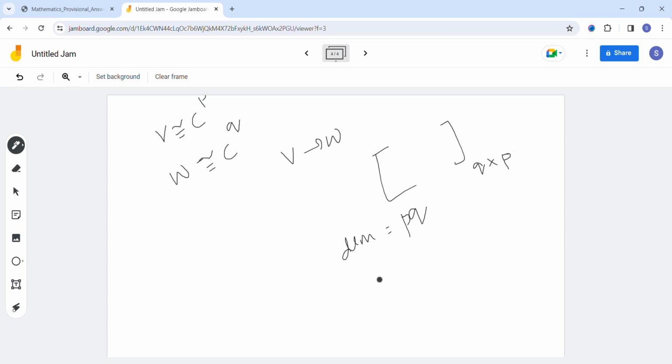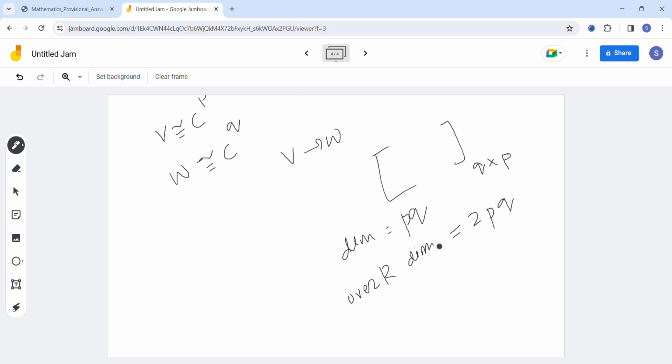Now it says that you are considering all C linear transformations, but you see it as an R vector space. Over C the dimension is PQ.